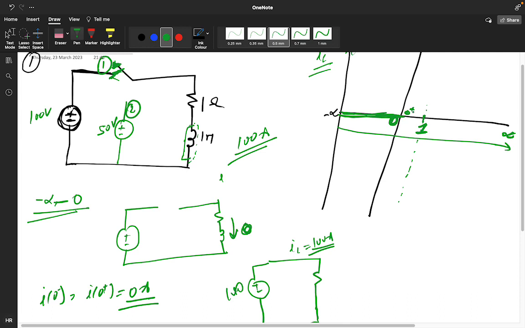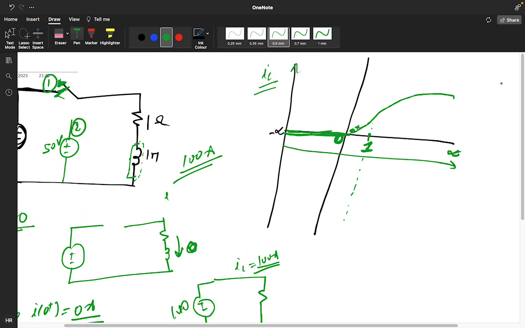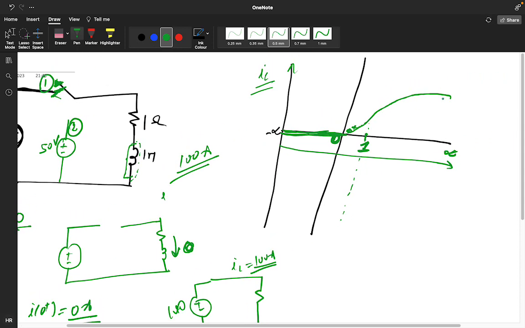Means from 0 plus it was 0, but the current started increasing like this, and at infinite amount of time it reached which value? 100 ampere value.